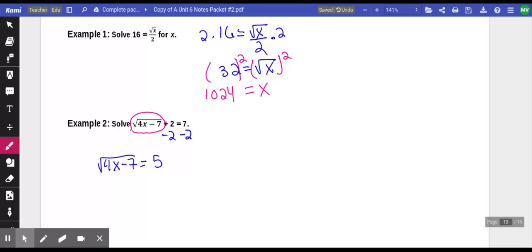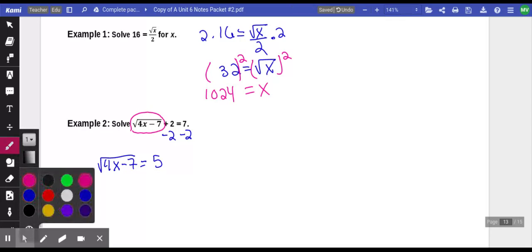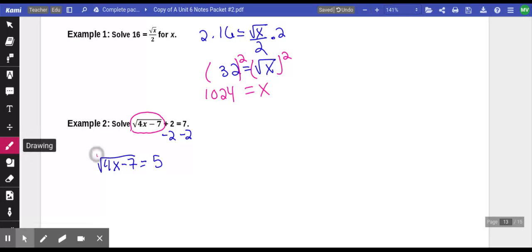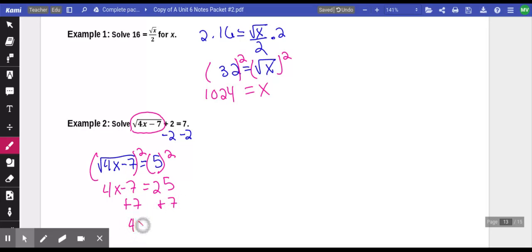I now want to undo the square root because I have it by itself, so I square both sides. 5 squared is 25, and the square root of 4x minus 7, whole thing squared, is 4x minus 7. Now I finish solving by adding 7 to both sides. So I get 4x equals 32. Divide both sides by 4, and x equals 8.